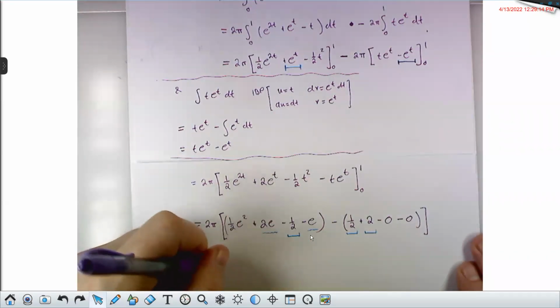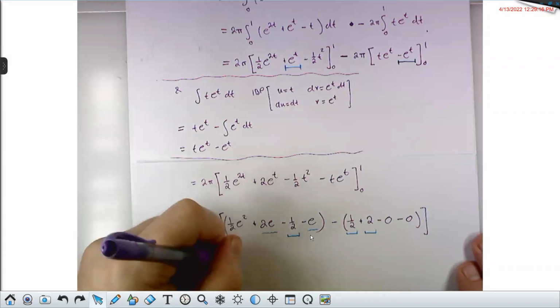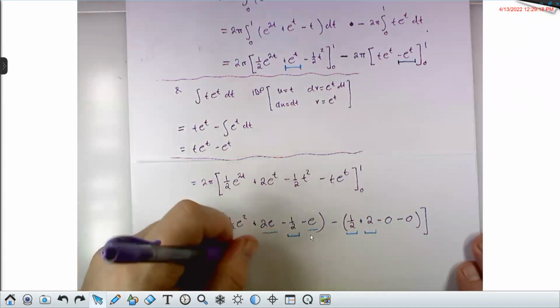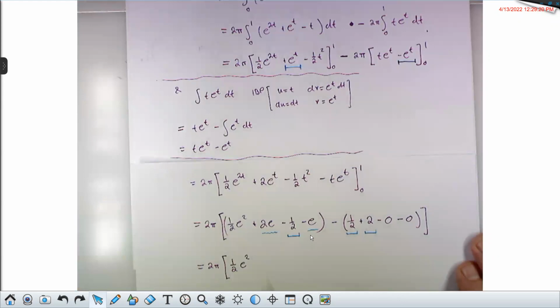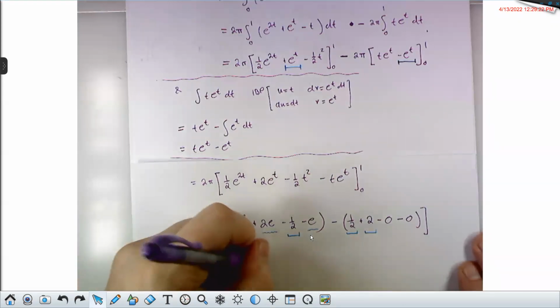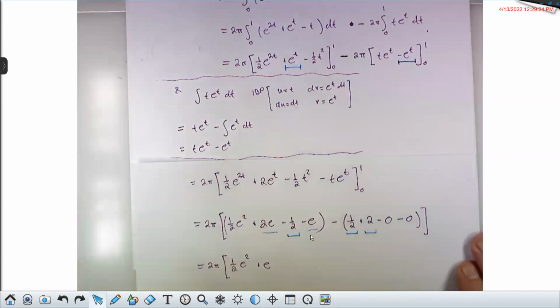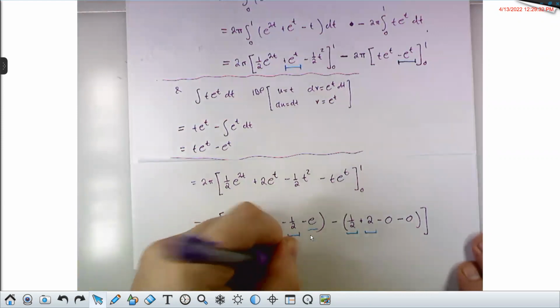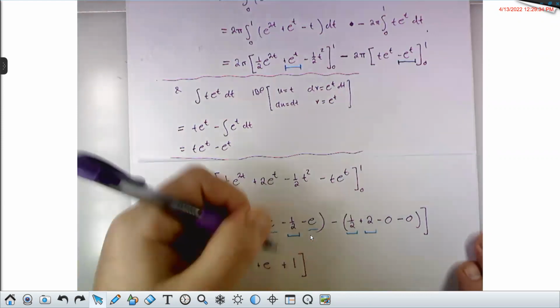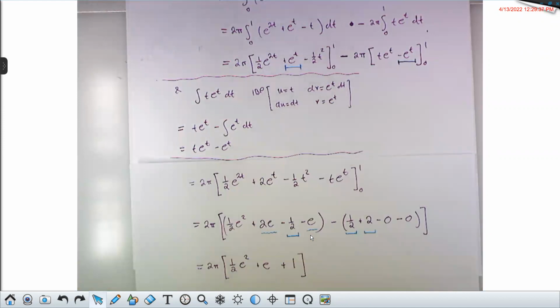So that would be 2 pi times 1/2 e squared plus 2e minus 1e is just plus 1e, minus 1/2 minus another 1/2 is minus 1, minus 1 plus 2 is plus 1. And that is the surface area.